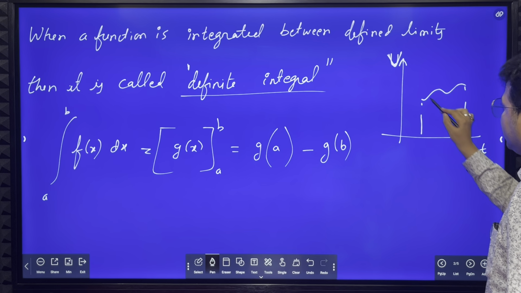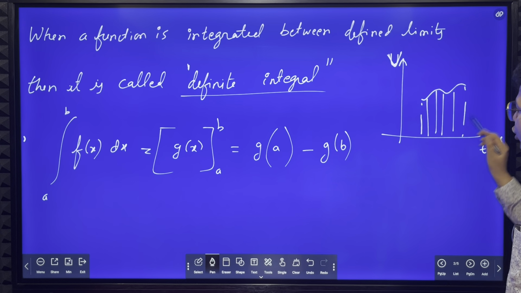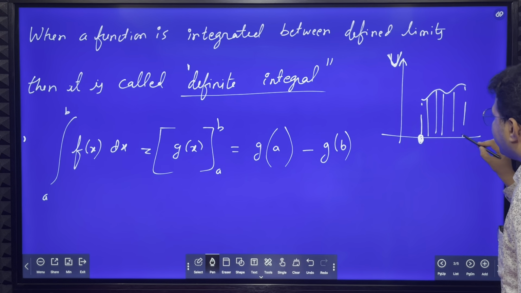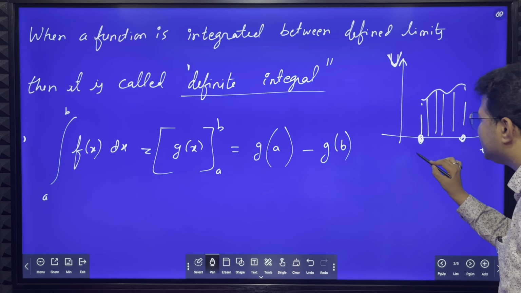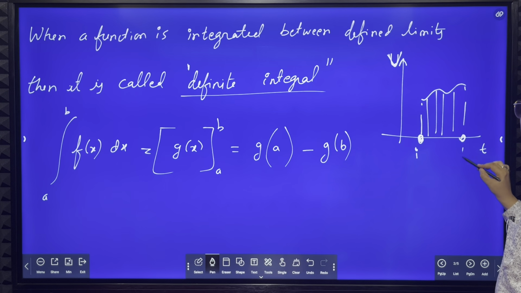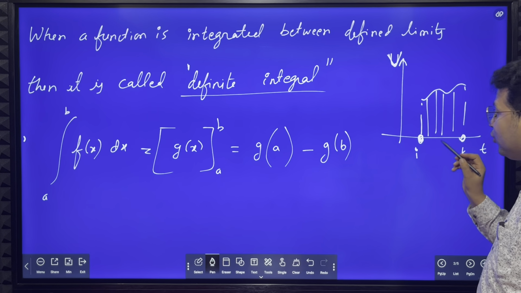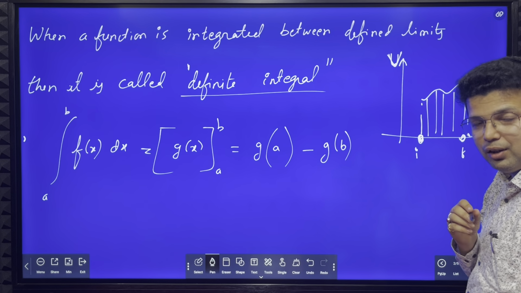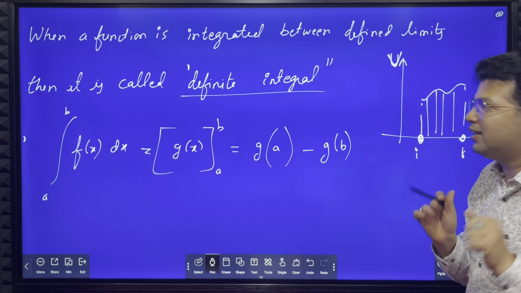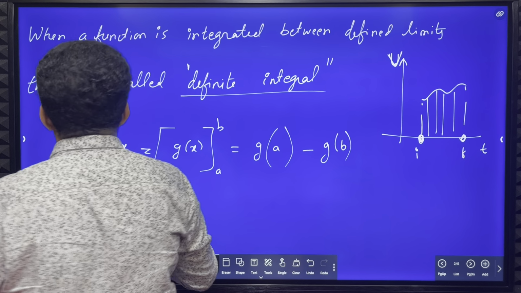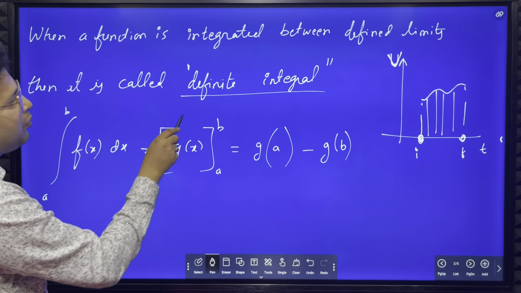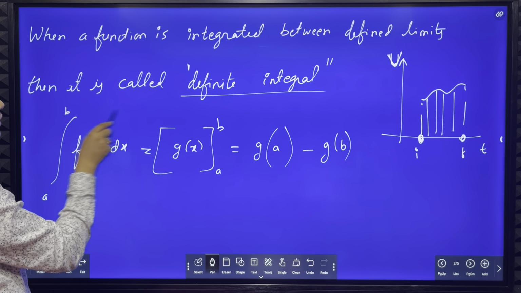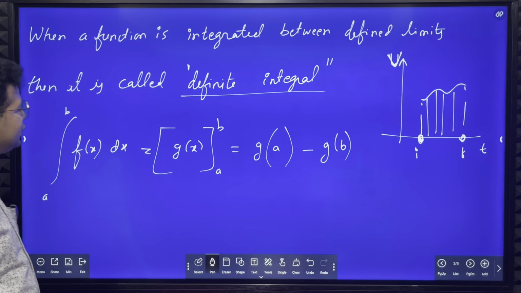So if you integrate this, you should know the initial point and the final point. If you know the initial and final points, during integration we call it definite integration. When a function is integrated between defined limits, it is called a definite integral.